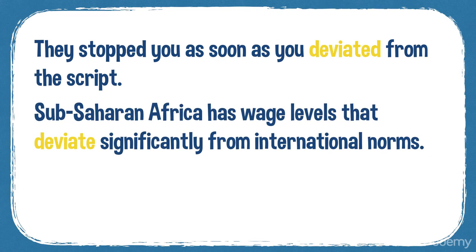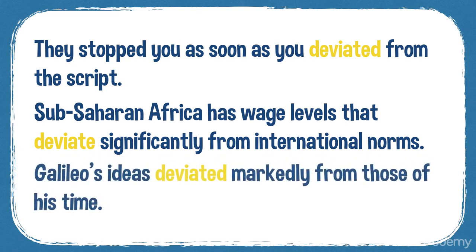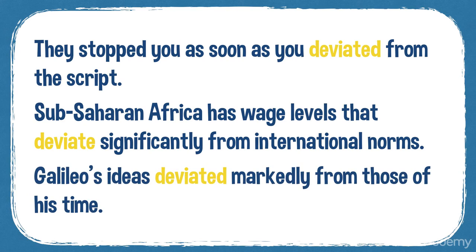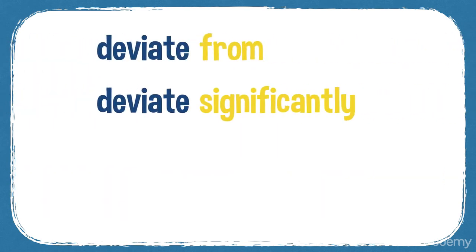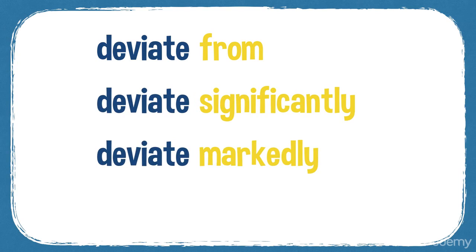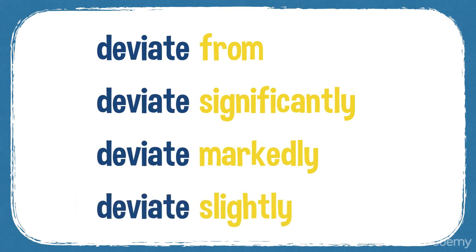Sub-Saharan Africa has wage levels that deviate significantly from international norms. So it's not normal. Galileo's ideas deviated markedly from those of his time. So you deviate from things, you can deviate significantly and markedly, or slightly.